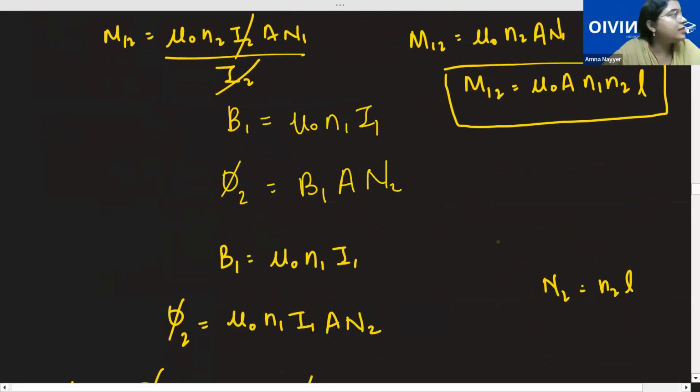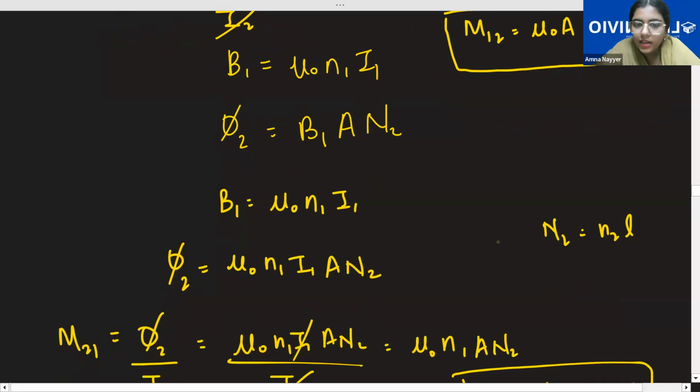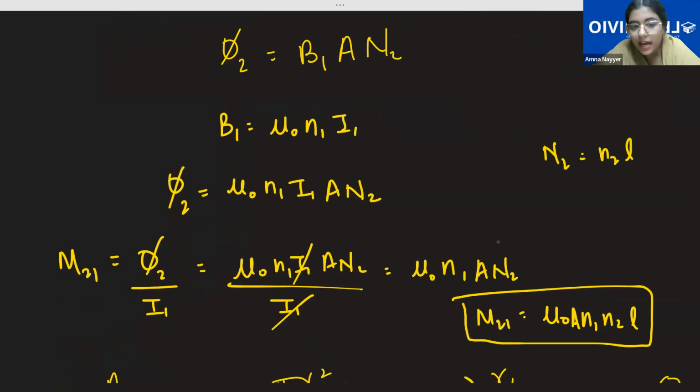But if I write it for the same coil, the magnetic field is equal to mu naught N1 I1. So flux 2 is equal to, now see, B1 will come because for the second coil, the first magnetic field is influencing. So phi 2 is equal to B1 A N2. B1 is equal to mu naught N1 I1, same thing. When you put it here, M21 is equal to flux divided by current, that is phi 2 divided by I1.